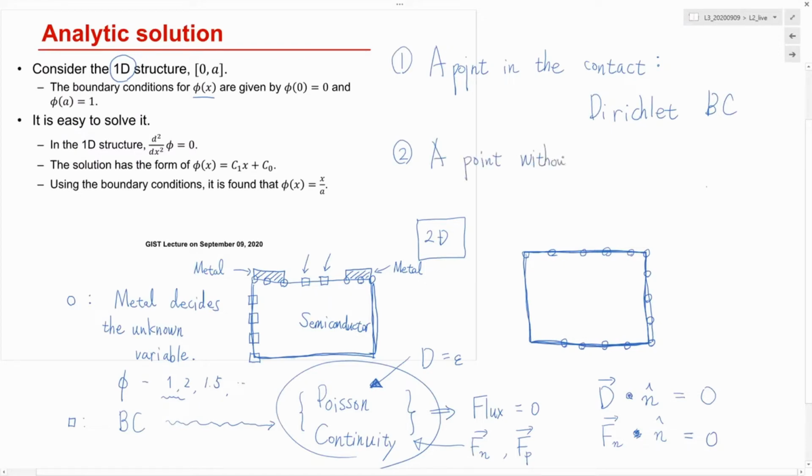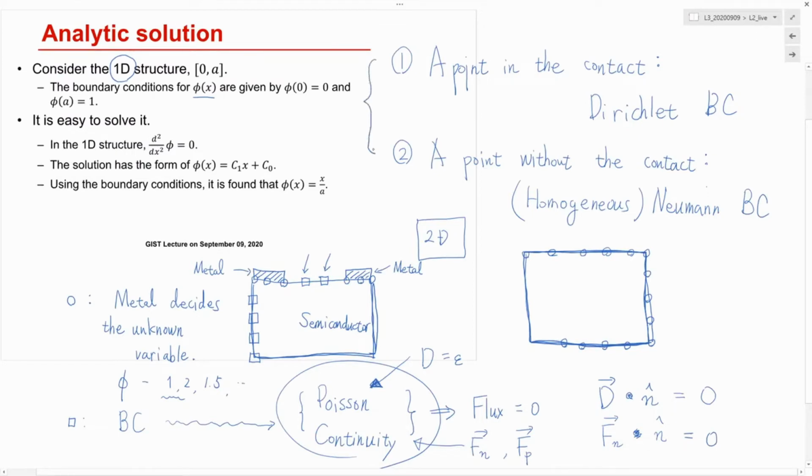without the contact, in this case, we will just apply homogeneous Neumann boundary condition. So in the case of one-dimensional structure or two-dimensional structure, three-dimensional structure, we will work with this simple principle.